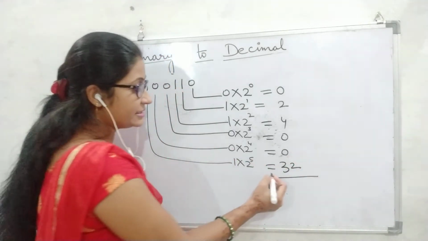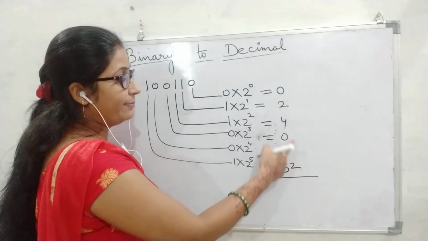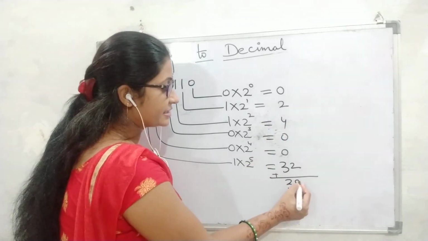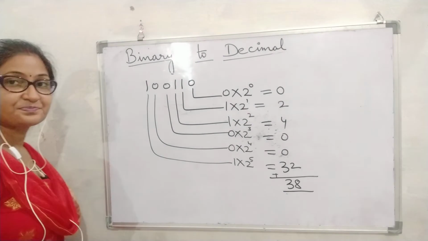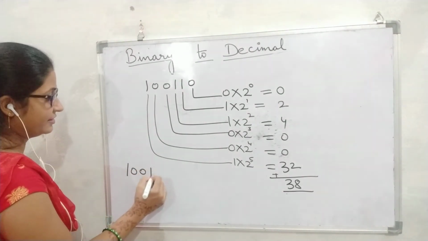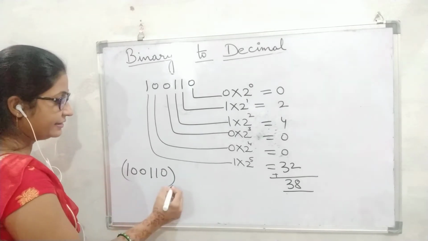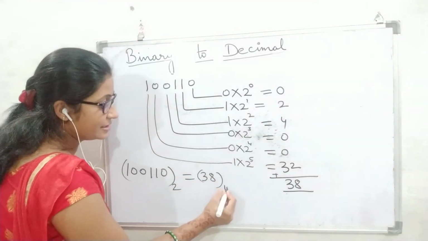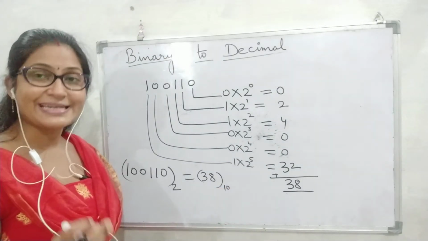Let's add all these. So 32 plus 4 gives 36 and 2 gives 38. So here it is that the decimal of this binary number is 38. So this is how you have to represent it.